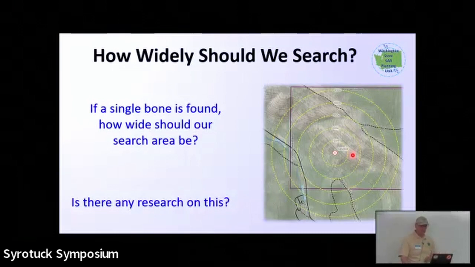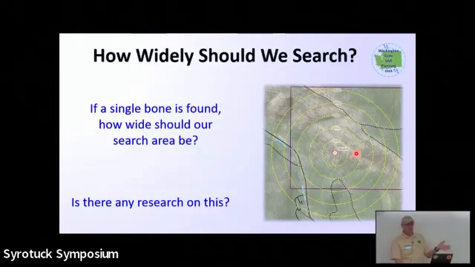Sadly, that's not the case. There's one study I ran into by Mannheim. She reported an average distance of like 24 meters, which to me seems a very short distance. This was in a Louisiana environment. I don't know all the details. She did report a maximum distance of 200 meters.